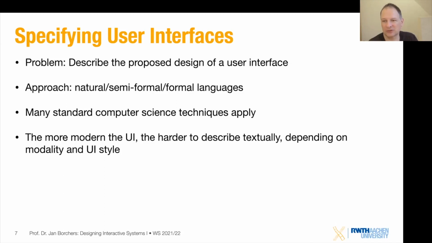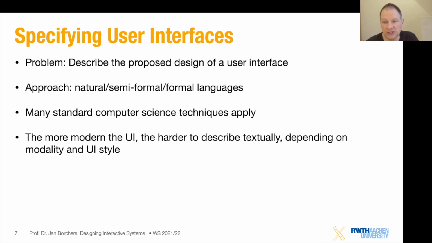Now, the problem here is this approach will work really well for historical UIs, let's call them, or command line based UIs. If you take a Unix command line program, you have a very simple flow of digits and symbols back and forth in a serial way. The computer puts something on the screen and then the user types something back.